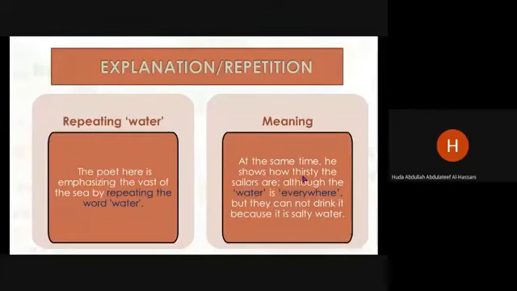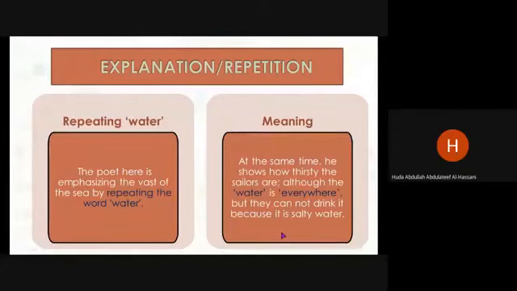At the same time, he shows how thirsty the sailors are, okay? Although the water is everywhere, they cannot drink it because it is salty water. As you know, the water of the sea is salty.